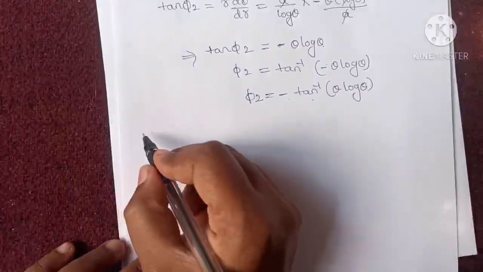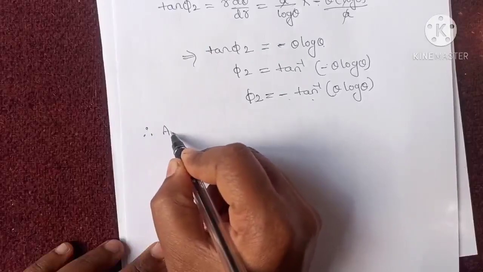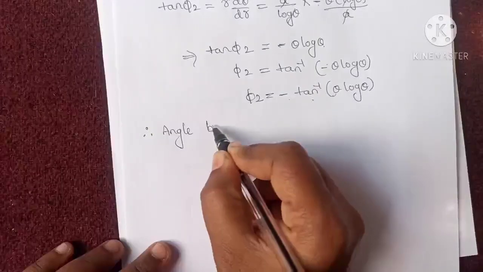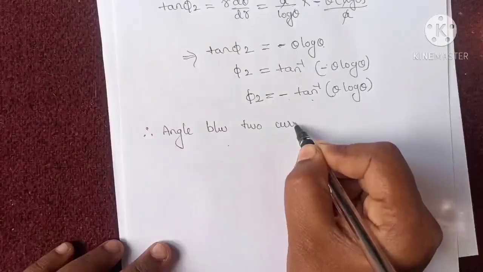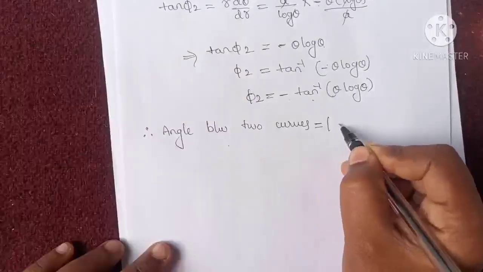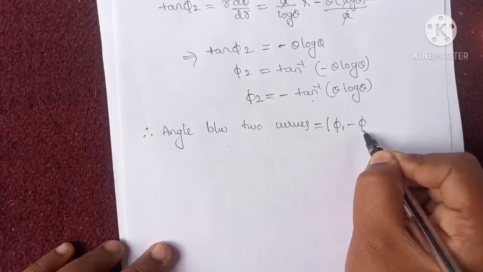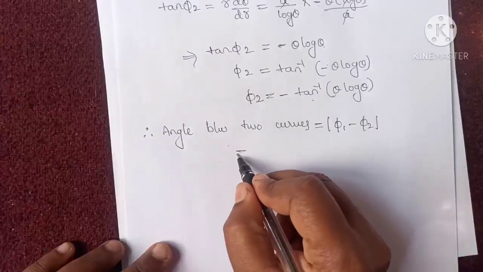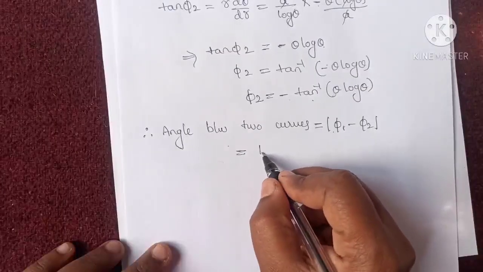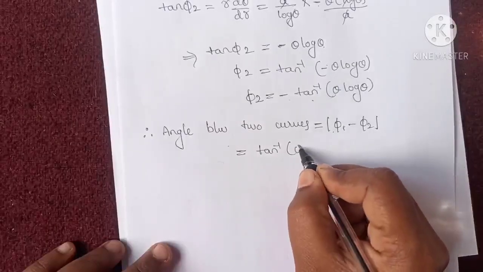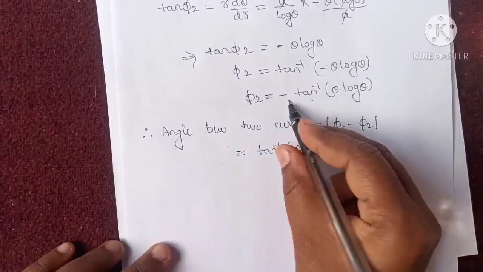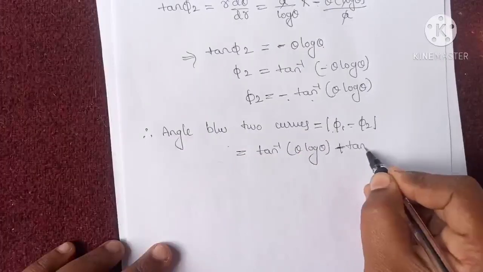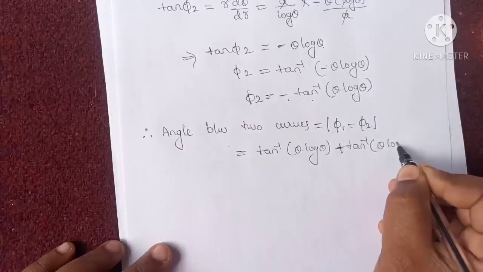Next, the angle between two curves is equal to mod of phi 1 minus phi 2. So it equals phi 1, which is tan inverse of theta log theta, minus, and minus into minus gives plus, tan inverse of theta log theta.